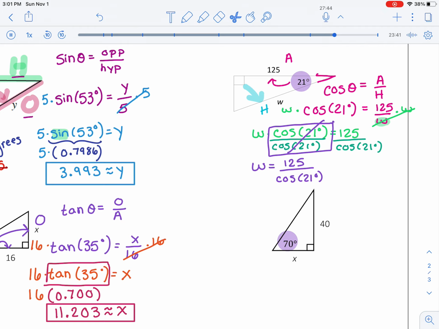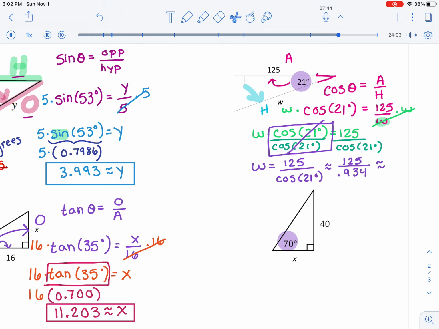And I'm going to use my calculator to say, hey, that's 125 divided by, let's see what I get. 125 cosine of 21, 0.934.